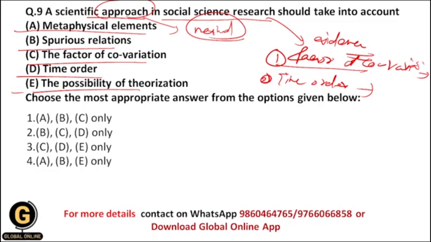So students, the independent variable should come first, before the dependent variable, because the independent variable is the cause and the dependent variable is the effect. All of you getting? And that's why you should take into account the time order. I mean to say, you should take into consideration that the independent variable should come first and then the dependent variable should come after that. Then the third one is possibility of theorization.